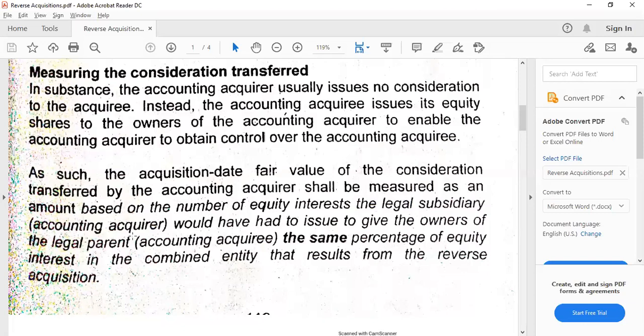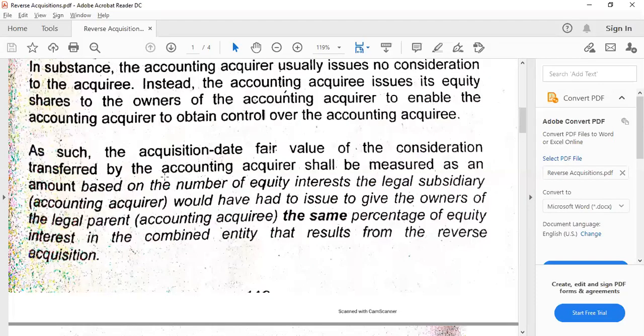Then it shall be measured as an amount based on the number of equity interests the legal subsidiary or accounting acquirer, so this is the private entity, would have had to issue to give the owners of the legal parent or the accounting acquiree, this is the public entity, the same percentage of equity interest in the combined entity that results from the reverse acquisition. So this somehow becomes confusing at this point in time, but will be expounded as we go along the way.